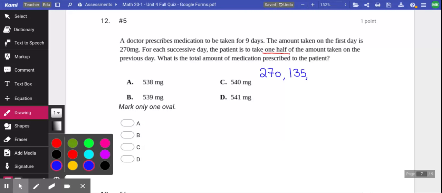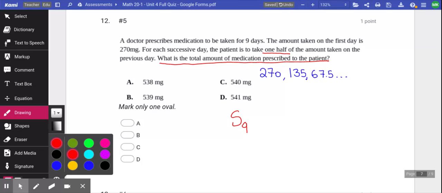Half of that would be 67.5, and so on and so forth. They're asking, what is the total amount of medication prescribed to the patient? That would be if you took all the medicine for each day and added it up. This would be a sum question, and it would be the sum of 9 days.